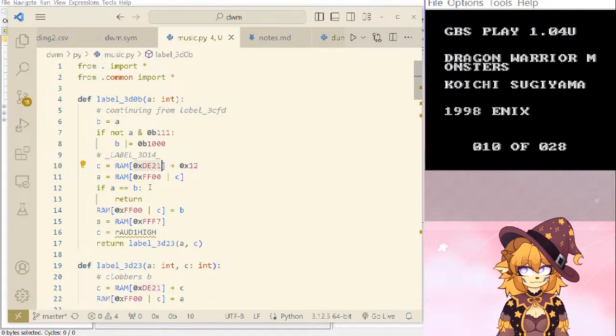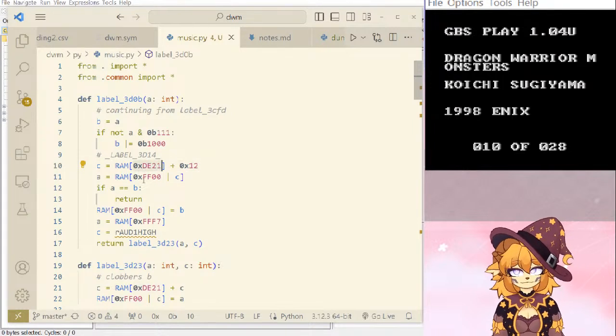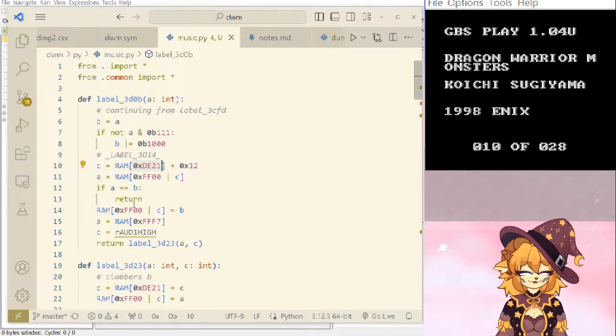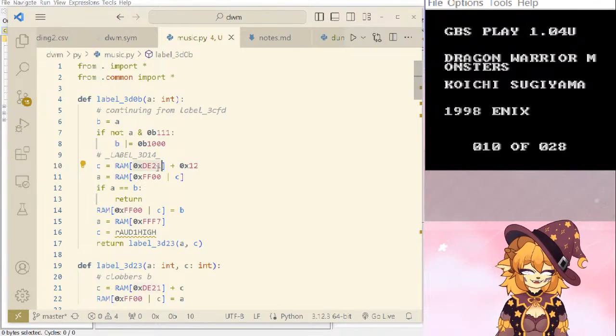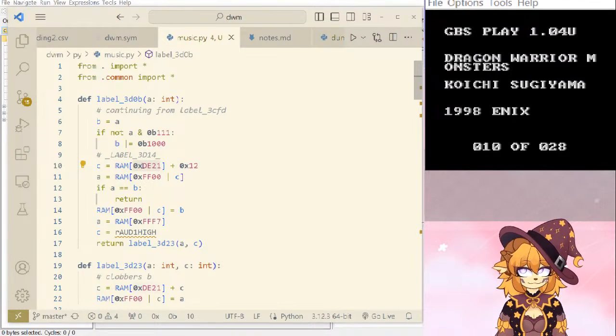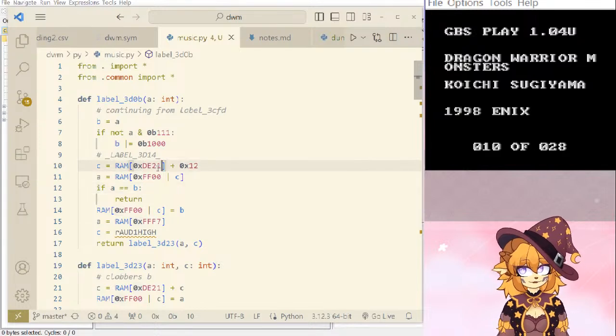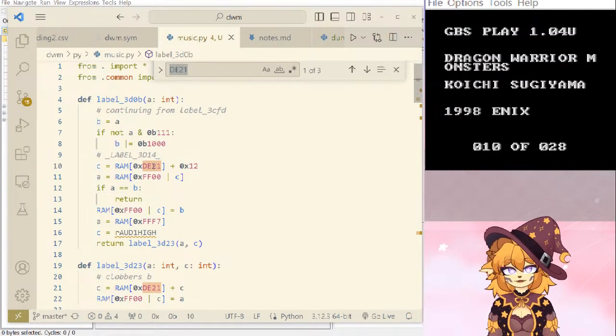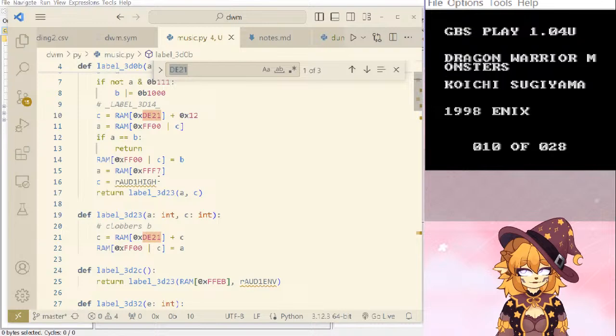21. 12. I don't remember what any of these values are. The RAM values. Was this the offset? And the IO memory.